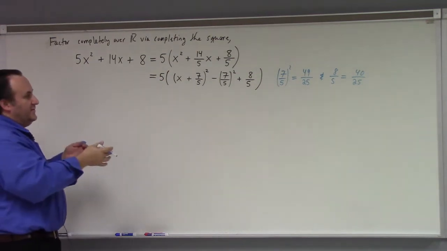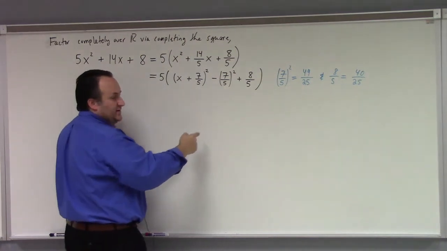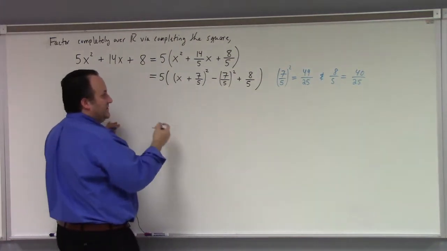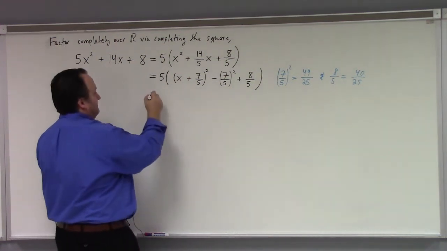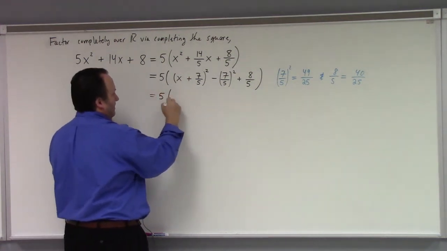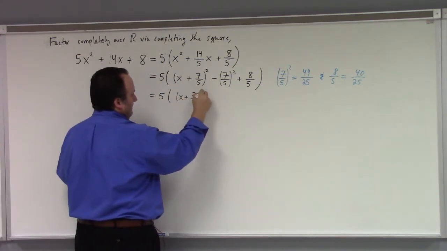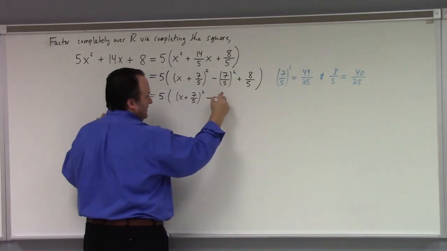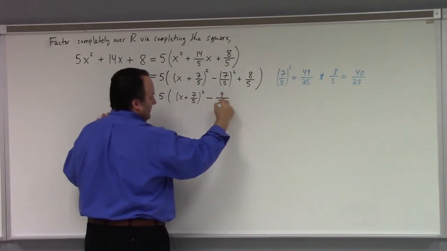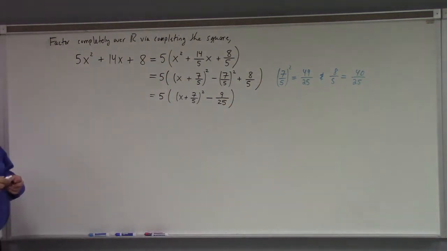So in view of that arithmetic, this is actually minus 49 25ths plus 40 25ths. So the net result there is what? So you got minus, how much? Minus 9 over 25. Right? Do you guys see that?